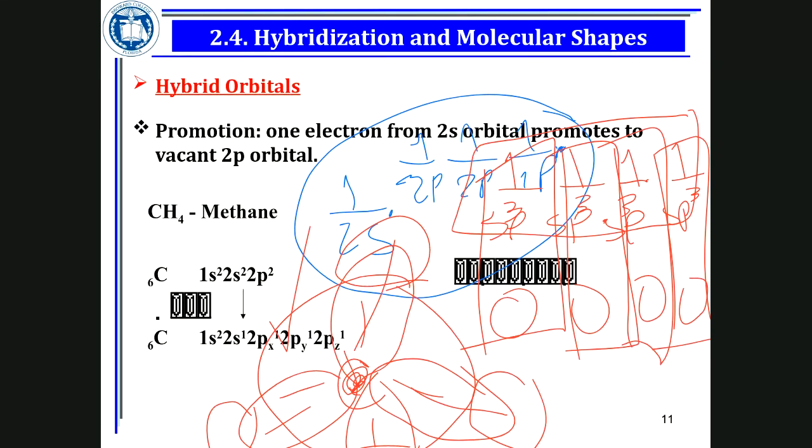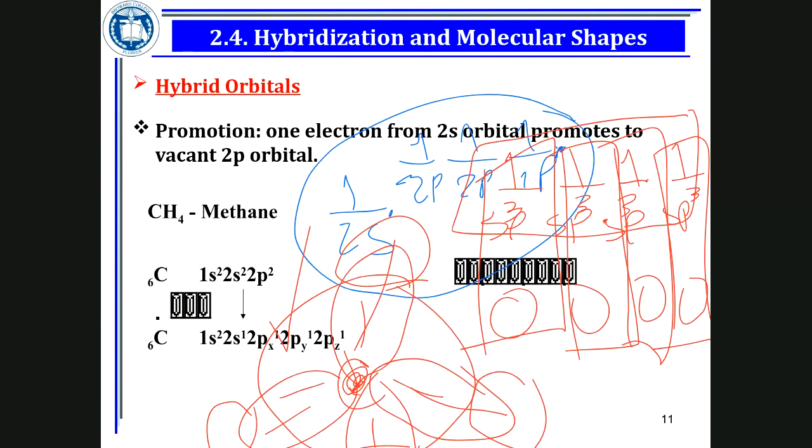So when you have 4 hybrid orbitals, you're not going to get the 90-degree angle. You will get 109.5 if all of them are the same element and all are bonding. It is going to be a 109.5 degree angle for the hybridization, for the tetrahedral shape of the sp3 hybrid orbital.